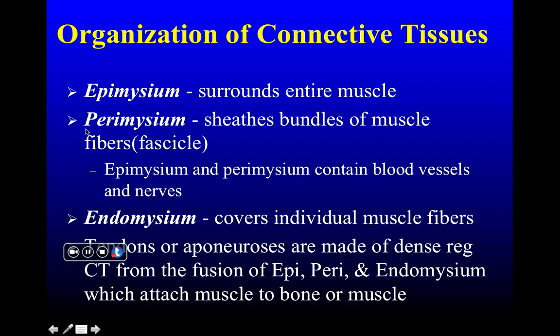Now you notice the prefixes, epi, peri, endo. You Greek and Latin word readers remember that these are very important to help us figure out the layer and its relationship to surrounding structures. So epi is around, the outside. Peri is in the middle, and endo is on the inside.